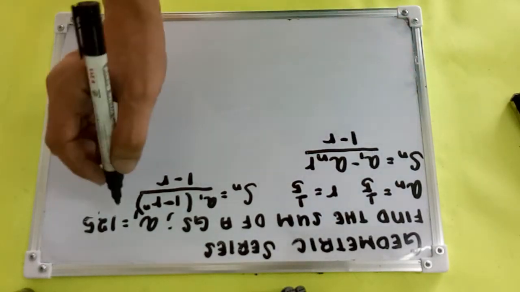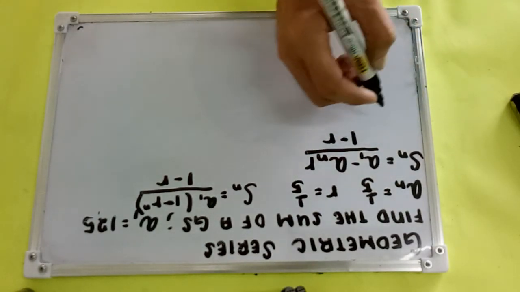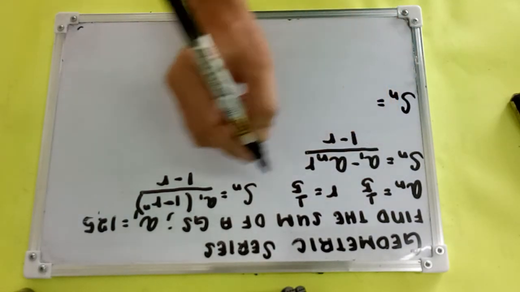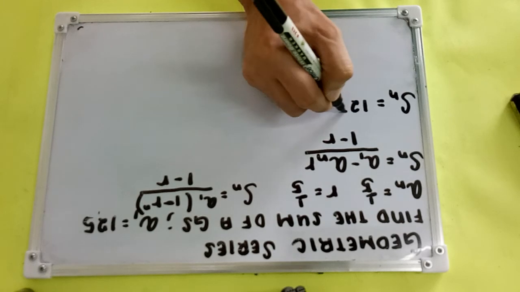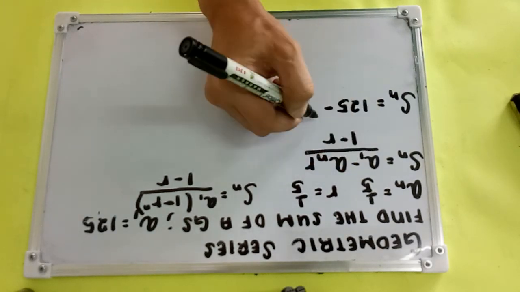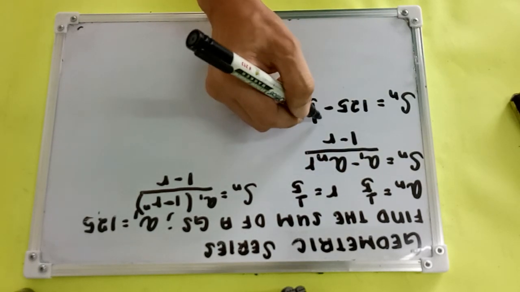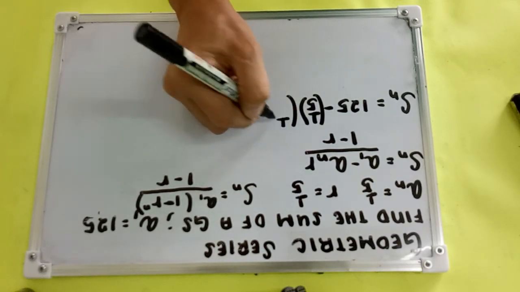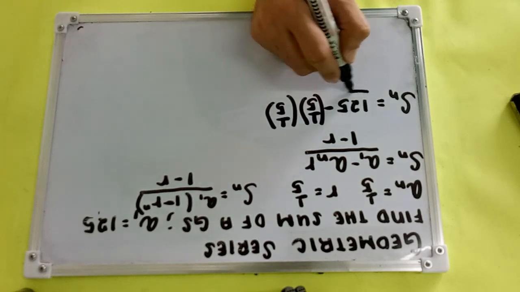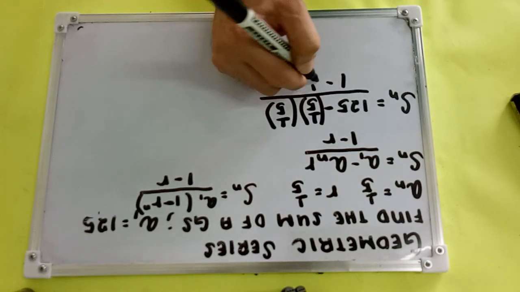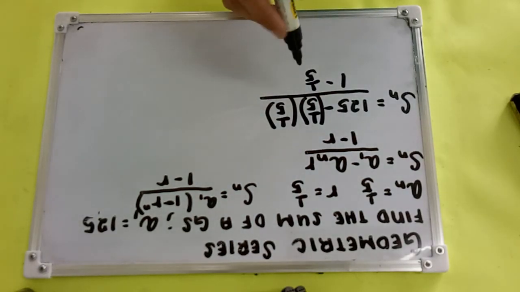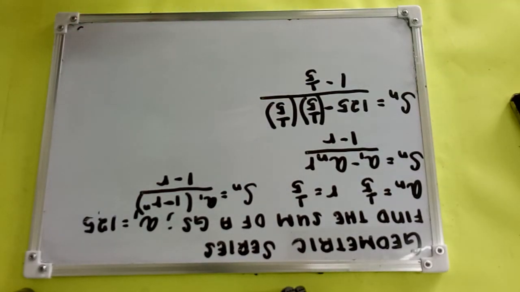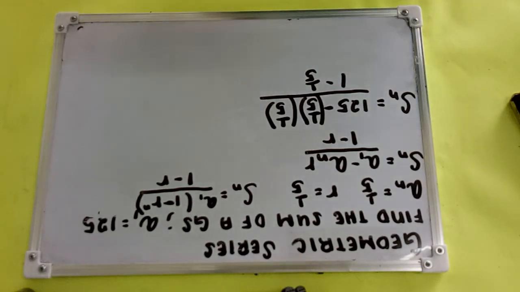So if we substitute the given dito sa second formula, that is S sub n is equal to a sub 1 natin is 125 minus a sub n is 1/5 multiply by r natin is 1/5 all over 1 minus 1/5 ulit. So lahat ng variables dito sa second formula nalagyan natin ng value or nakapag-substitute tayo.